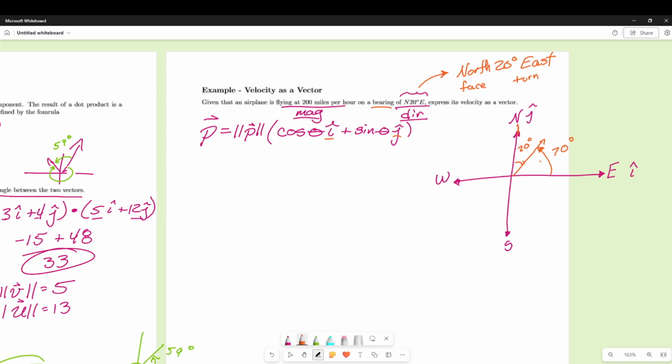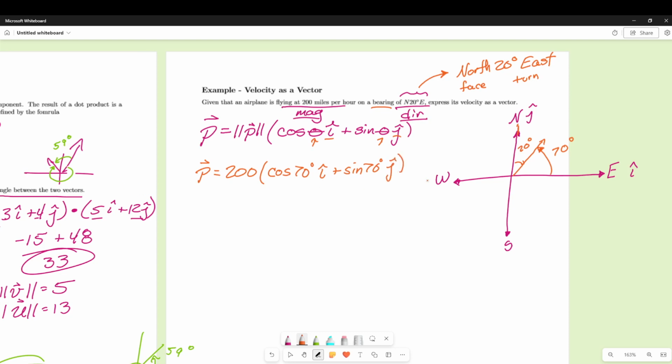So the angle that we want to use, the direction that we want to use for our vector in terms of our I and J, is that 70 degrees. So the vector for our plane has a magnitude of 200 miles per hour and a direction of cosine 70 degrees in the I and sine of 70 degrees in the J.